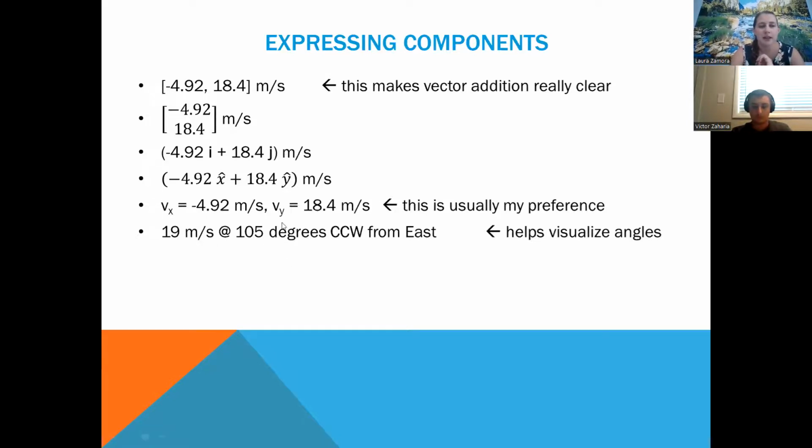And then it tells you the angle explicitly there as well, 105 degrees counterclockwise from east. So when you're drawing out your vectors, this is a helpful notation for you. But again, you might see any number of these, or even some others that I don't have listed on here. It depends on the textbook, the professor, the situation, that sort of thing.